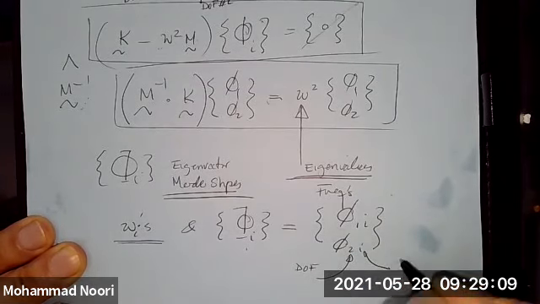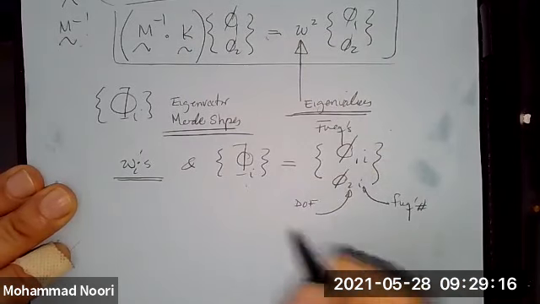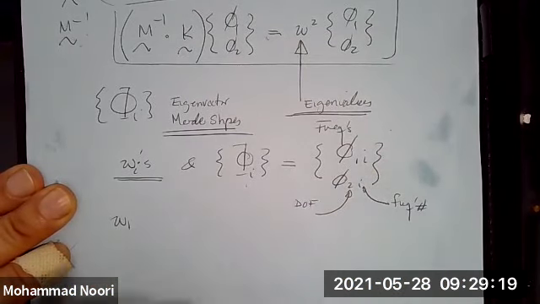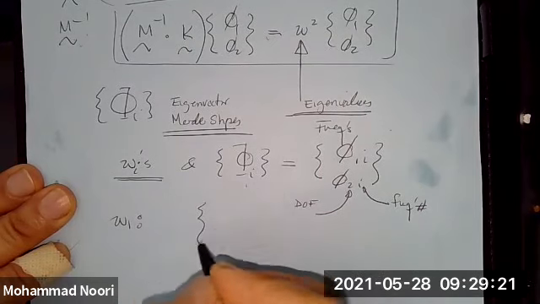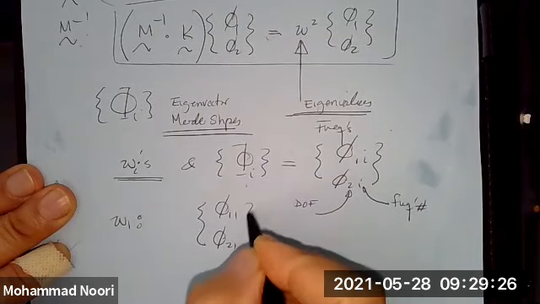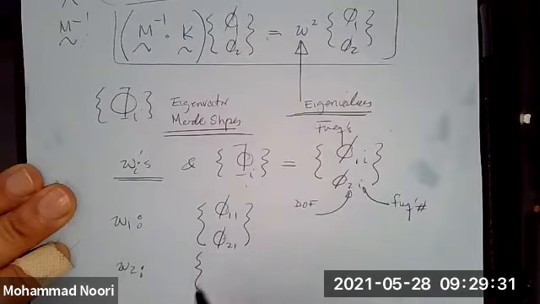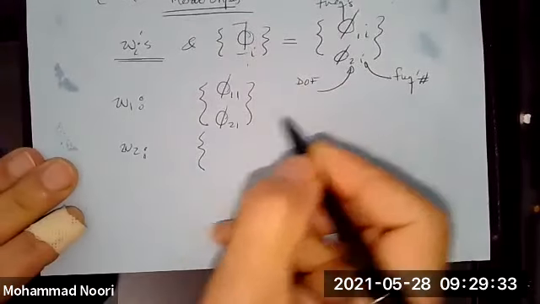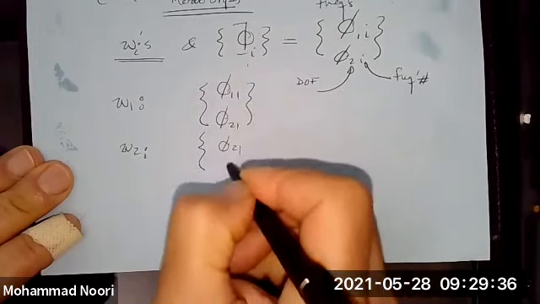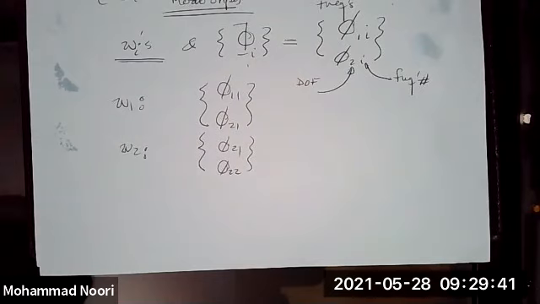This corresponds to the frequency number. So for frequency 1, which is, let's say, this, you have a mode shape, phi11, phi21. And for frequency 2, you have a mode vector or mode shape, phi12 and phi22. Okay? This is what we did.